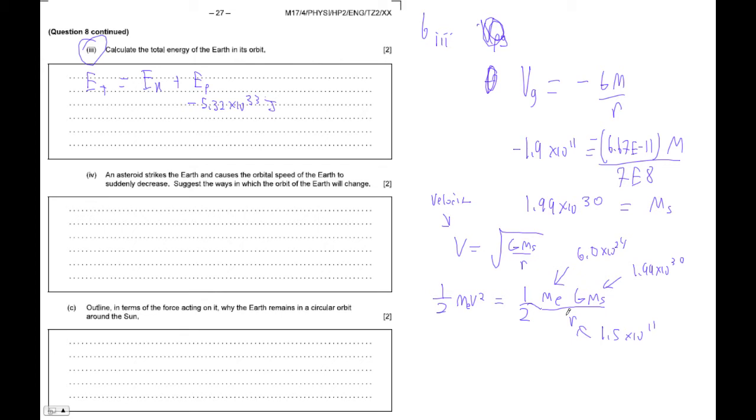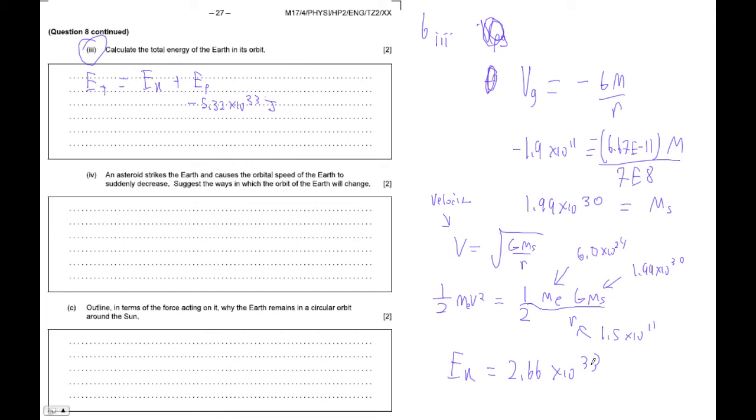And I get positive 2.66 times 10 to the 33rd. Kinetic energies are positive, and remember, all gravitational potentials are negative. This is 2.66 times 10 to the 33rd, which is the correct answer.